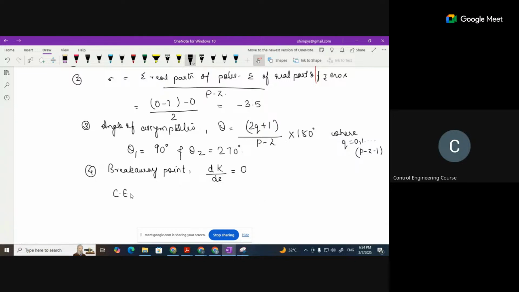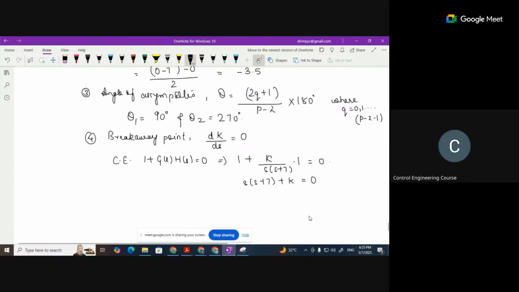the characteristic equation. Characteristic equation is 1 plus G(s)H(s) equals 0. So which gives us 1 plus k by s(s plus 7), and since it is a unity feedback system, H(s) is 1, equating this equal to 0. So s into (s plus 7) plus k is equal to 0, and I'll get k equals minus s(s plus 7), right?